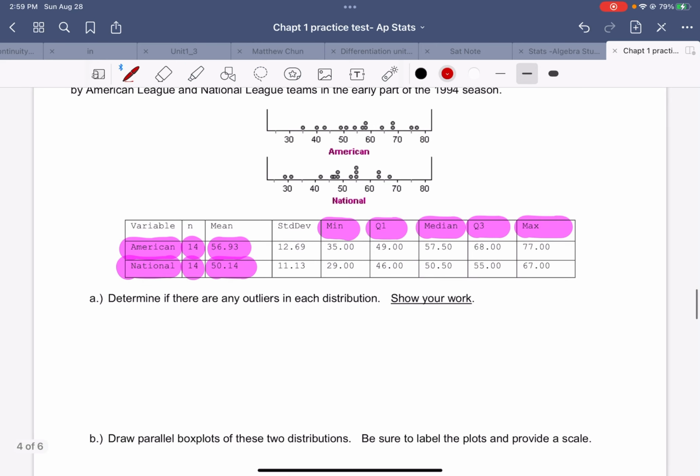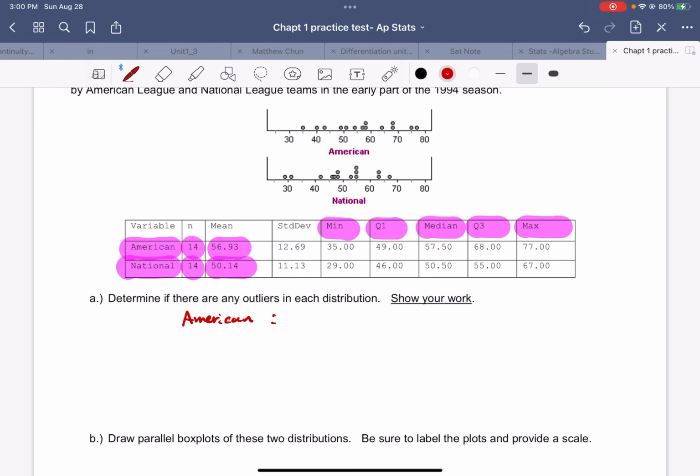Now A, determine whether there are any outliers in the distribution. Show your work. So they're checking that you understand how to determine whether a data value is an outlier. An outlier means the data value is away from most of the data. But there are things you need to know to find outliers. Let's talk about the American League first.